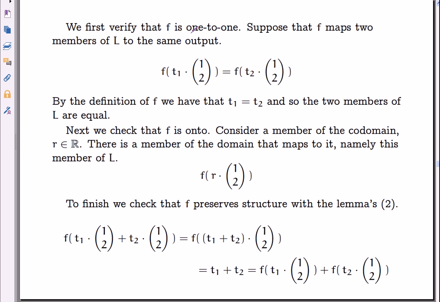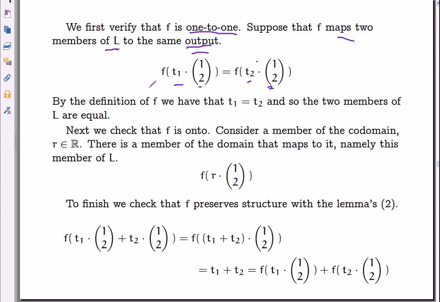Let's first verify that f is 1 to 1. Suppose that f maps two elements of L to the same output, and we'll show that, in fact, the two must be the same. So I take f of t1 times (1, 2), and f of t2 times (1, 2). These are ways of writing arbitrary elements of L. Supposing that f of these two arbitrary elements of L are equal, what's the definition of f?